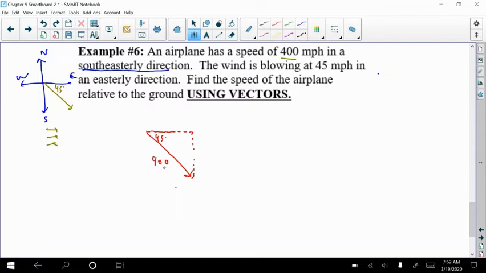And so if the hypotenuse is 400, we could divide that by root 2 and realize that this would be 200 root 2, and this would be negative 200 root 2, at least in terms of those components. And so the vector of the airplane could be represented as 200 root 2 i minus 200 root 2 j. So this still has a magnitude, remember, of 400 miles per hour, in that southeast direction.